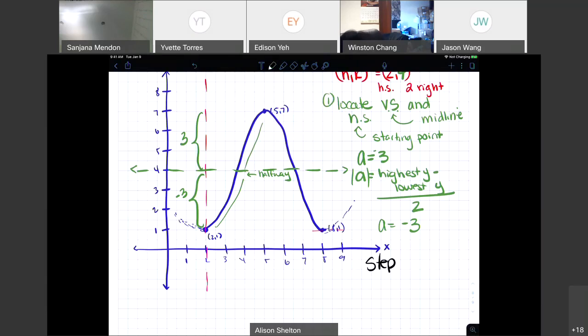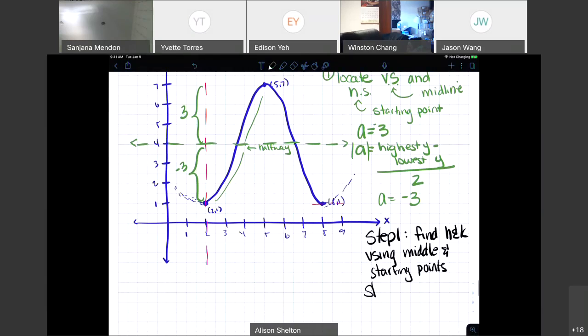Step 1 is we find h and k using the middle and starting points. Step 2 is going to be to find a.